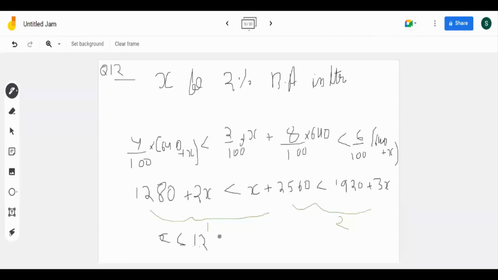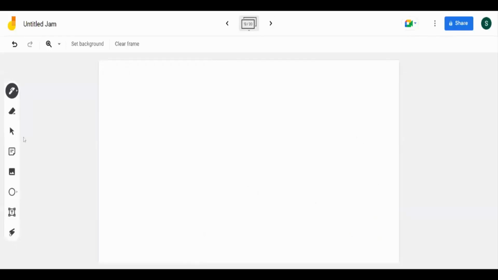So our first inequality gives x is less than 1280, and our second inequality gives 2x is greater than 640, so x is greater than 320. You can check it by solving. What we finally got is that the value of x must lie between 320 and 1280.